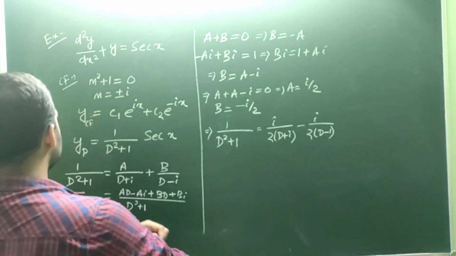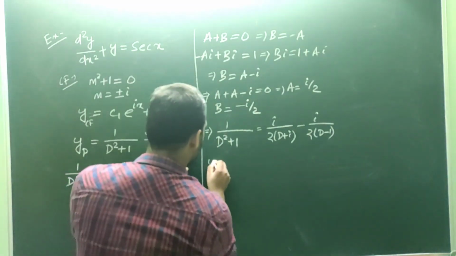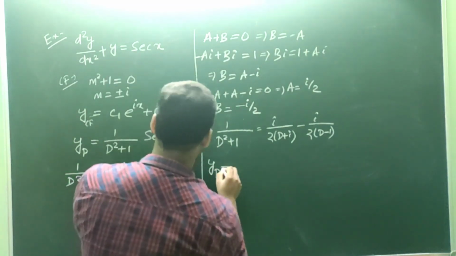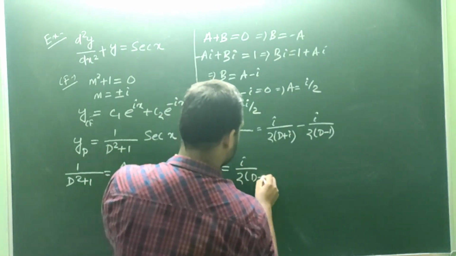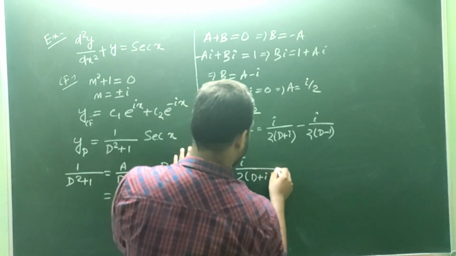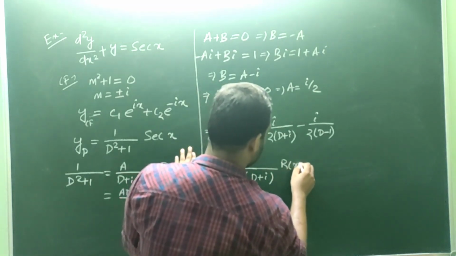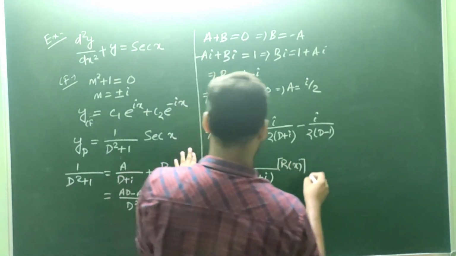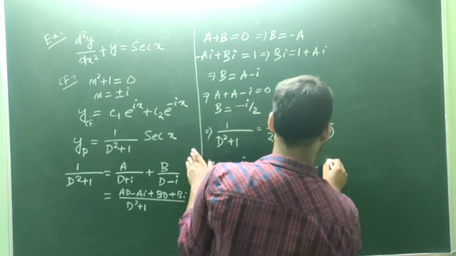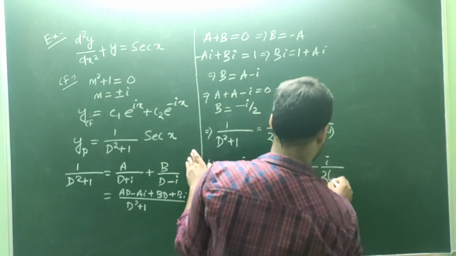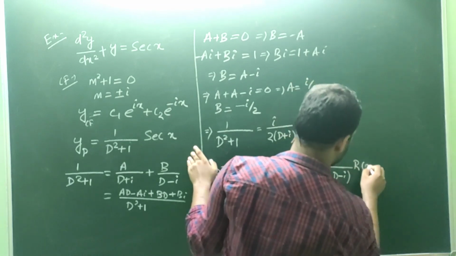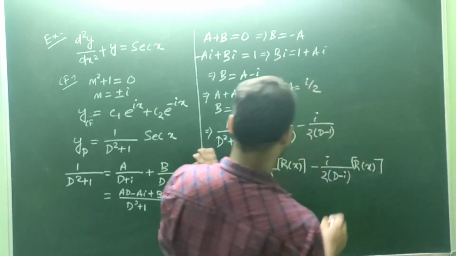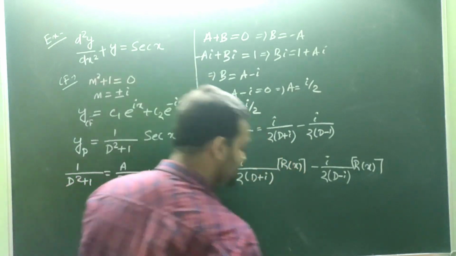So let's take this first term. Okay, let me write down this yp here. This will be equal to i by 2 1 by d plus i into r of x minus i by 2 1 by d minus i r of x. Let's keep this and remove all these things.